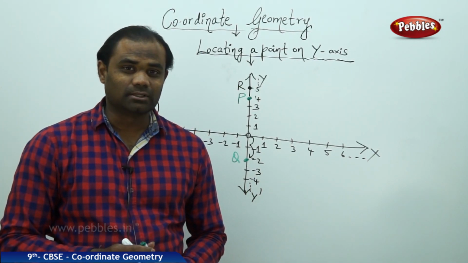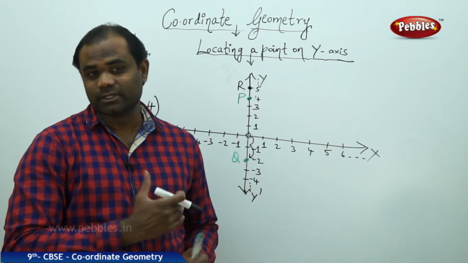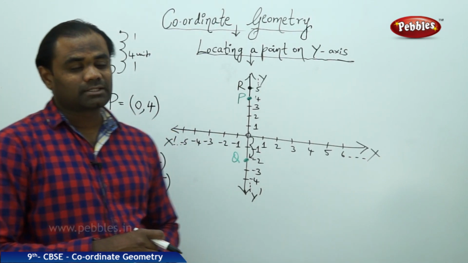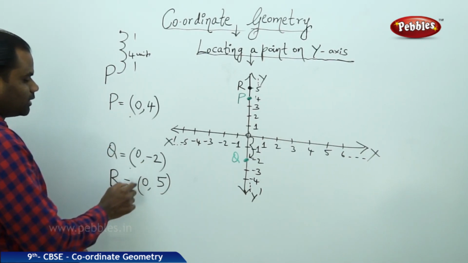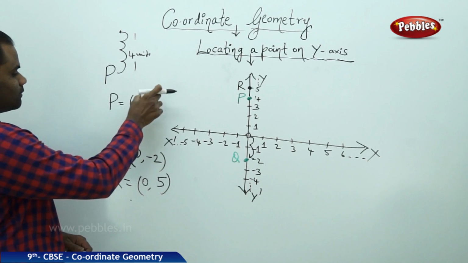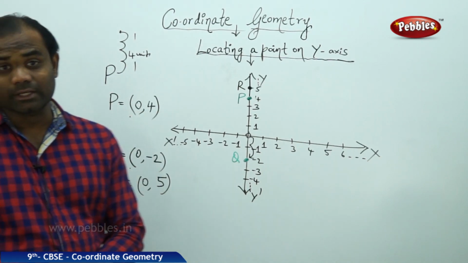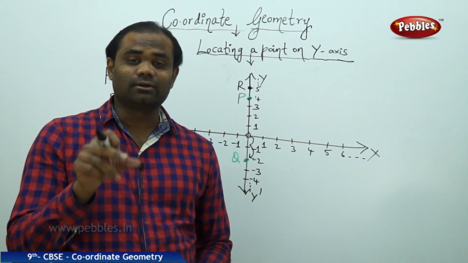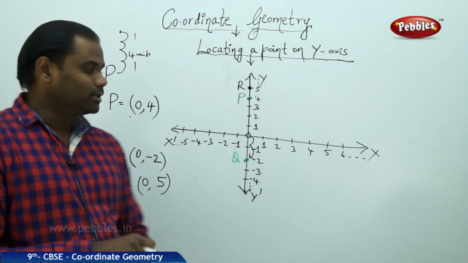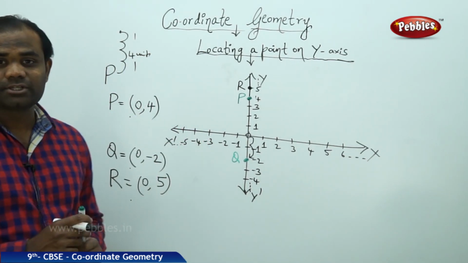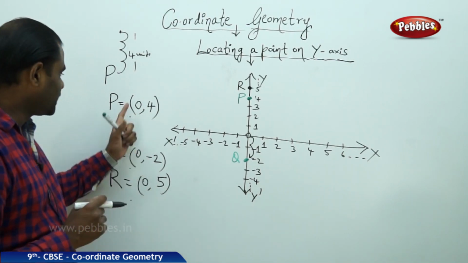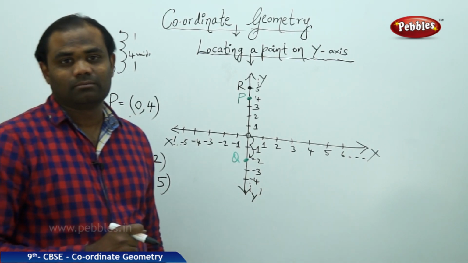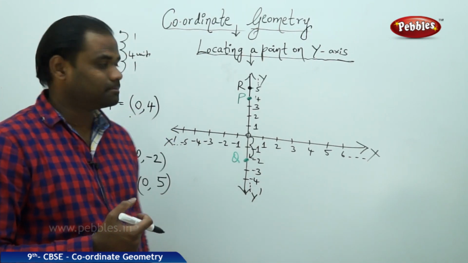Now comes the question, what is the outcome of this investigation? As we clearly see, in each case the x coordinate is 0 and the y coordinates change accordingly with the position of the point. So each of the x coordinates being 0 implies that for every point on the y-axis, the abscissa will be 0, unlike the x-axis.